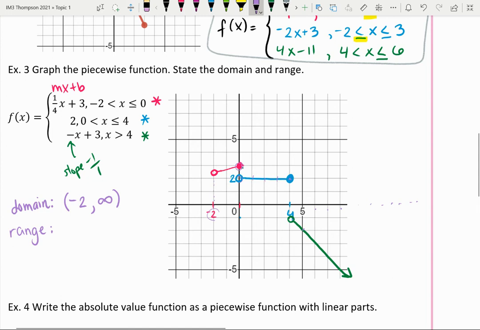All right, now let's look at the range. When I look at the smallest value of the range, I go down. This exists below negative 1, negative 2, negative 3, negative 4, negative 5. This is just going to keep going down. So it's going to exist at negative infinity up until I get to negative 1, and then there's a gap.